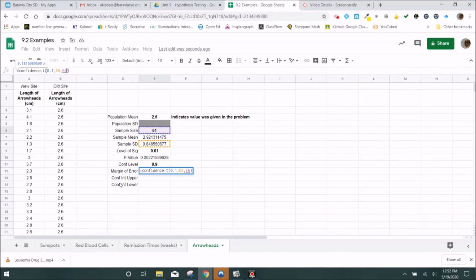That should give us our margin of error. So our interval will be the sample mean, and be sure you're clicking on the right things, plus the margin for the upper bound, and for the lower bound, sample mean minus the error. That's what I got on Google Sheets.